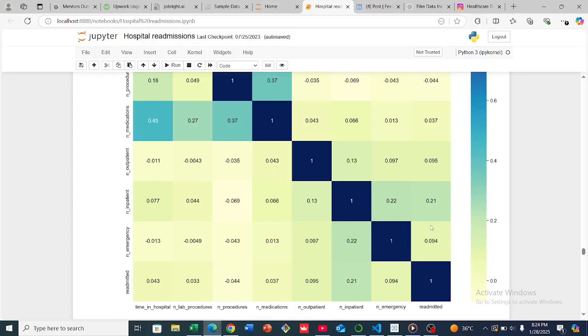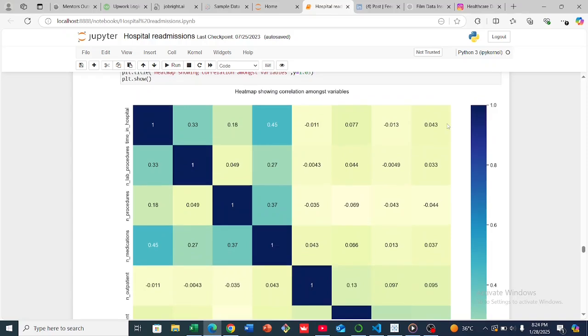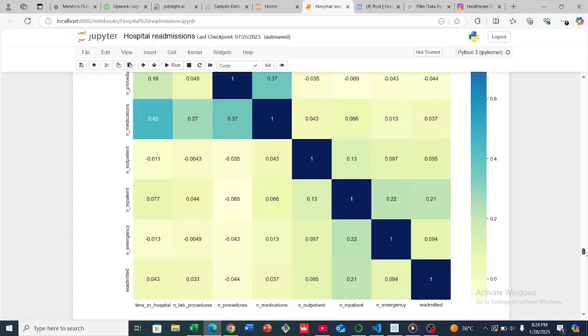Then we have minus as negatively correlated and plus as positively correlated, right? So the darker the color, the more correlated both columns are, right? You can see that our number of medications is correlated to time in the hospital. The longer you stay in the hospital, the more drugs you are going to be given.